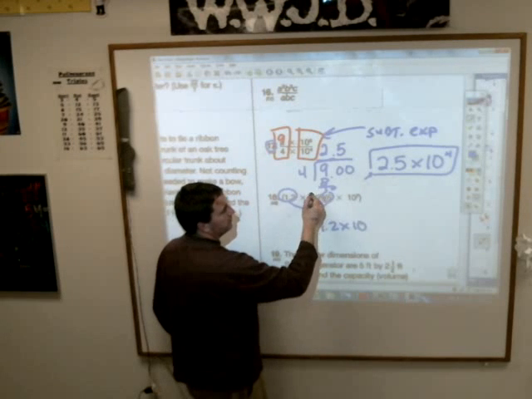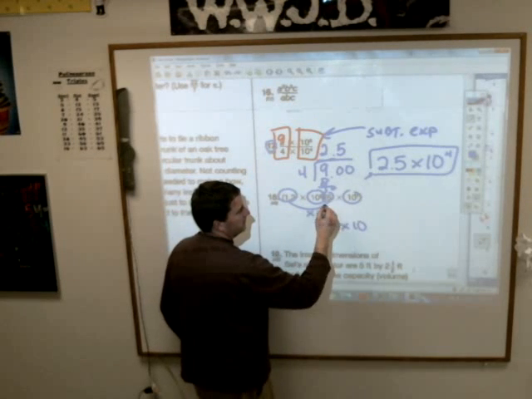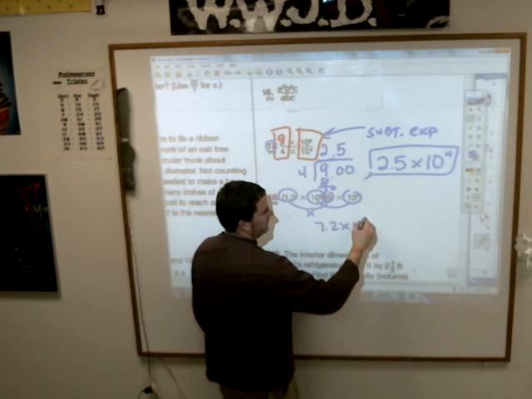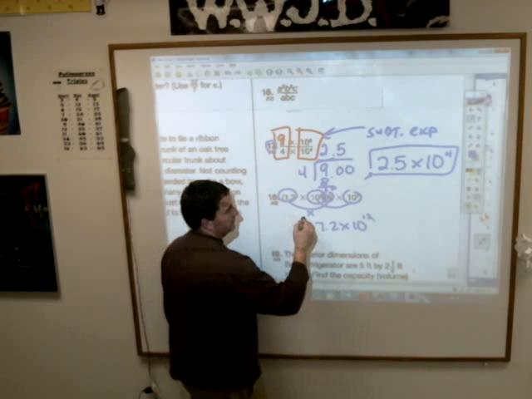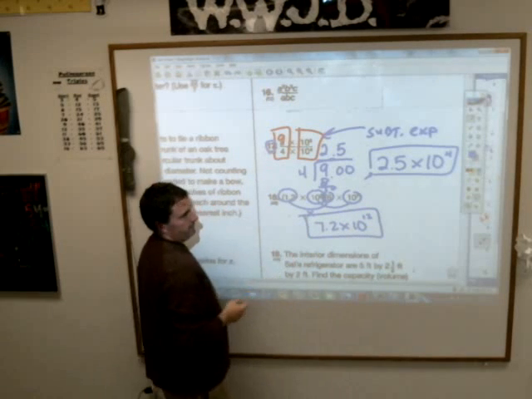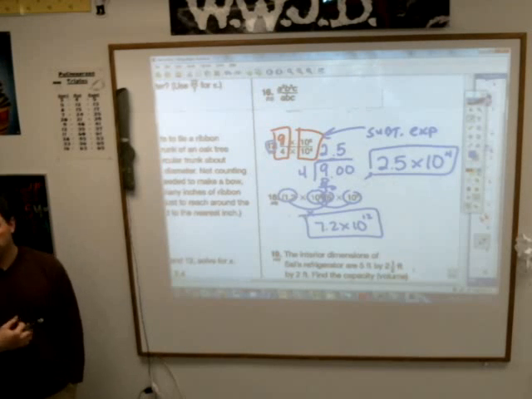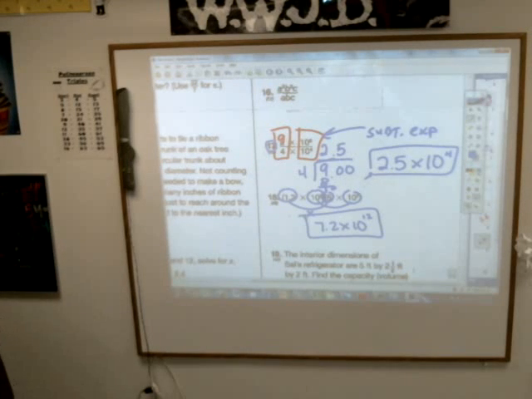And then what do you do when you multiply like bases together? You add their exponents, and that's, I believe, a 5. 5 and 7 is 12. Problem done. No confusion, no hysteria. Maybe some diphtheria. I don't know what any of those things are, but it sounds good.